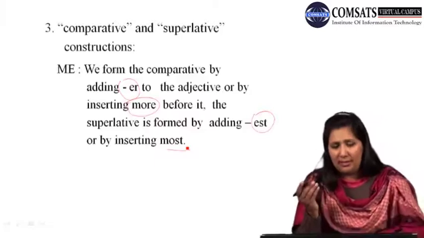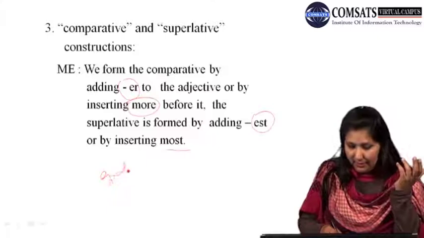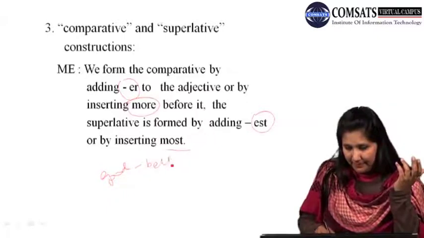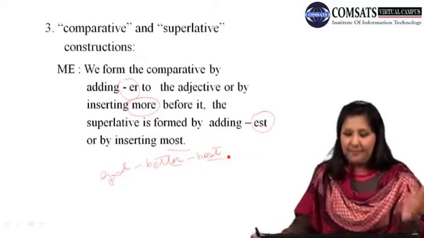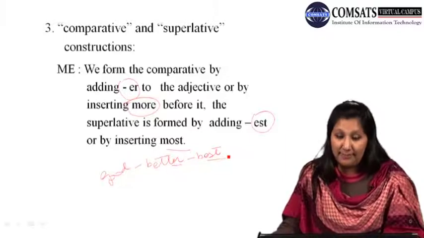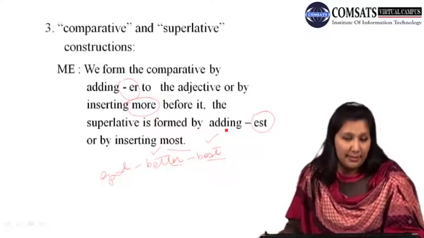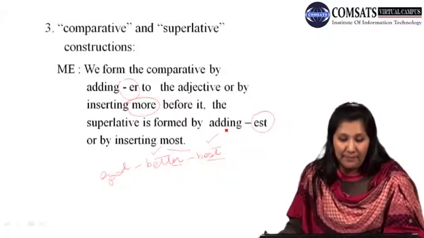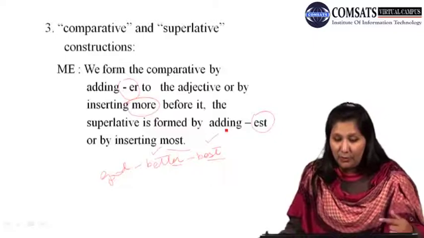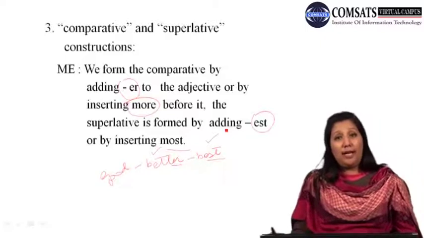The good examples, for example, are good, better, best. Better and best. You see, the first one is comparative degree, and this is superlative degree. Okay, then the next formula was that sometimes we will add more and sometimes we will add most.